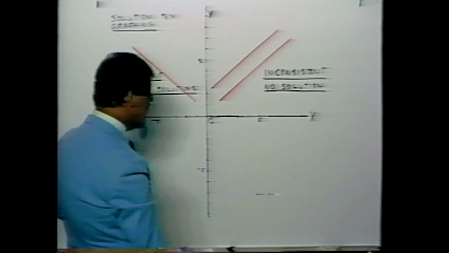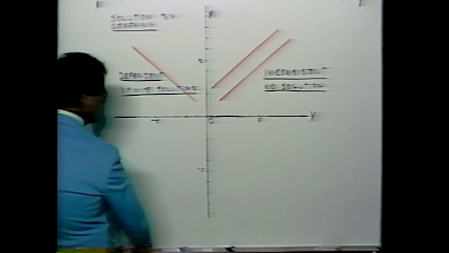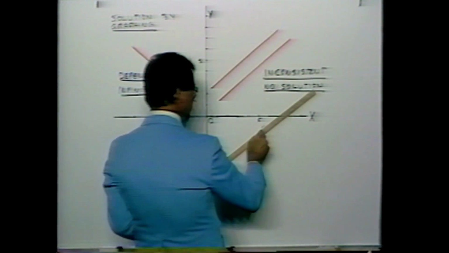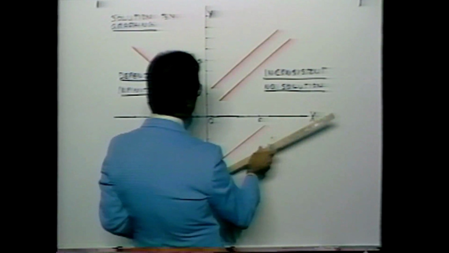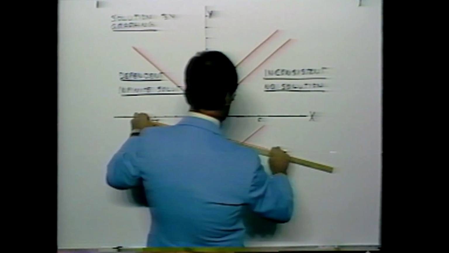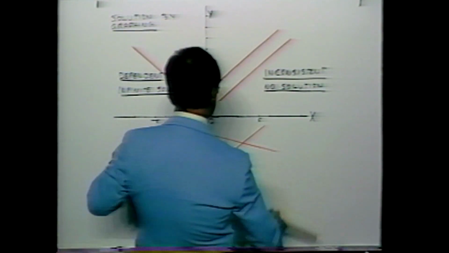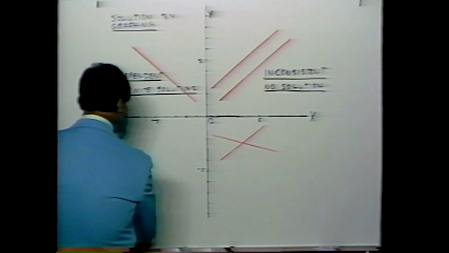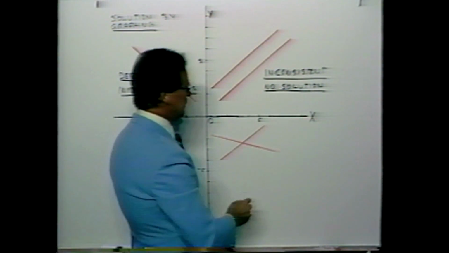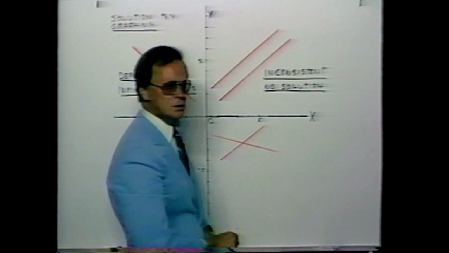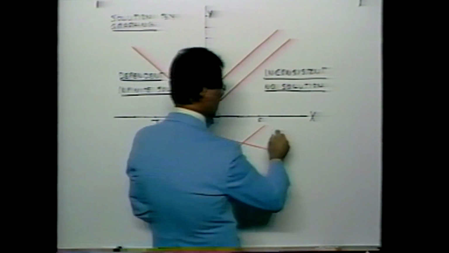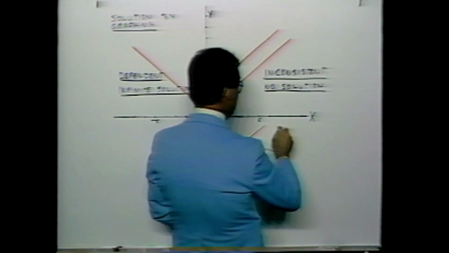You have already experienced systems that intersect, and of course, to complete our study of different kinds of systems resulting in different kinds of solutions, I will draw that one down here too for the sake of completion. Here you have what is referred to as an independent and consistent, or the other way around, consistent and independent.